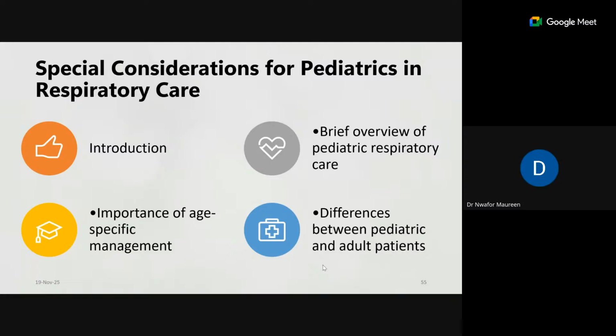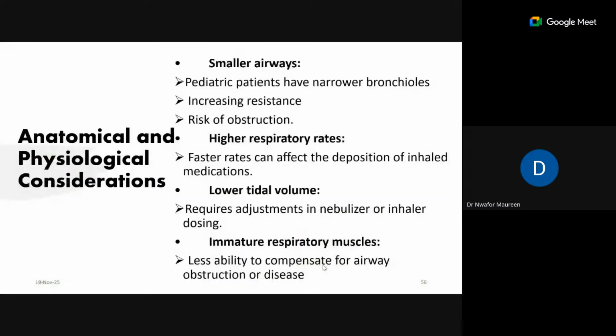Why do we do that? There are basically a lot of differences between pediatrics and adults in terms of their physiology, in terms of their anatomical differences. Thereby, the dosage differs, the technique to manage them also differs.